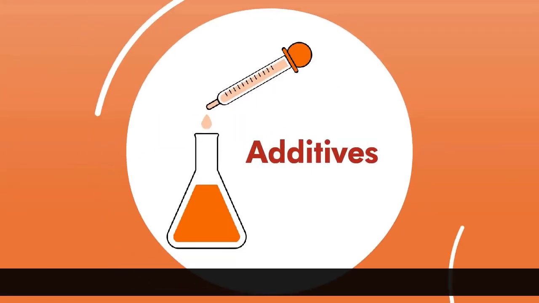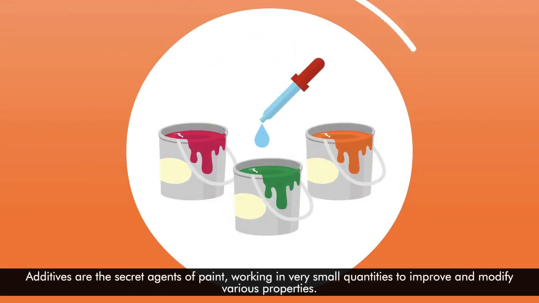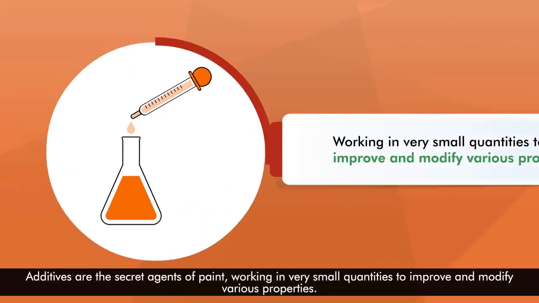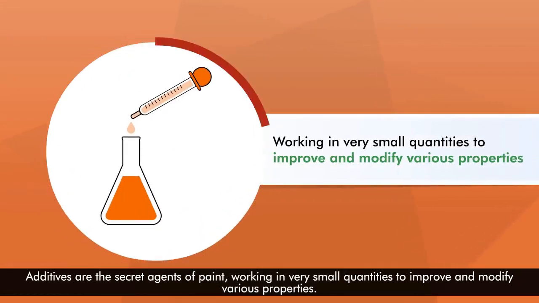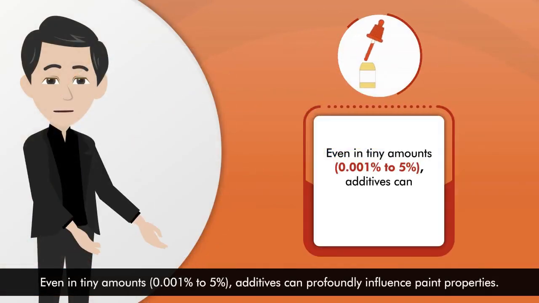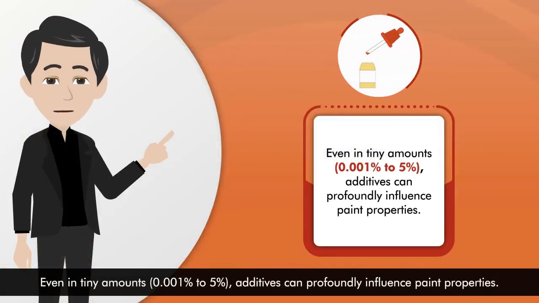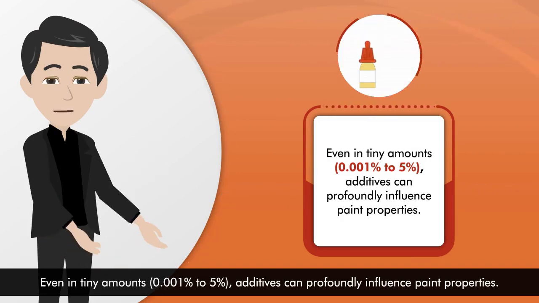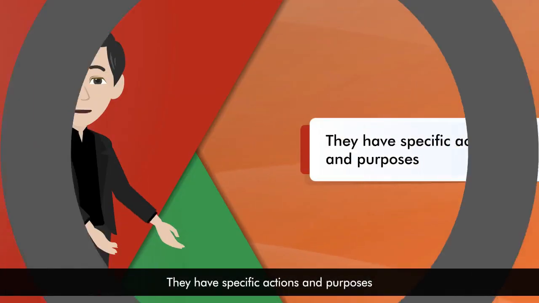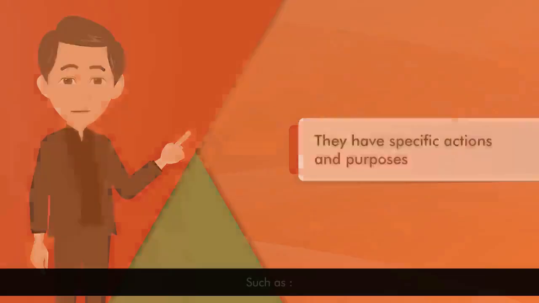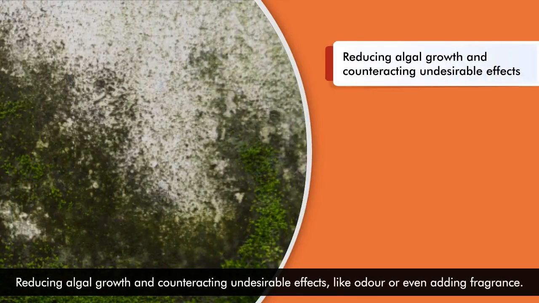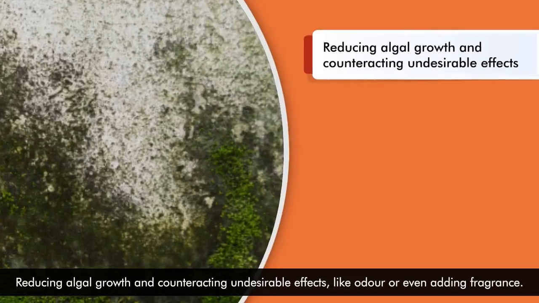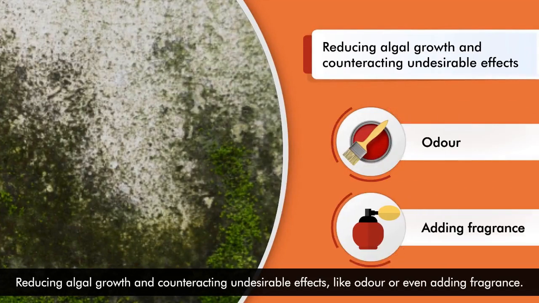Additives. Additives are the secret agents of paint, working in very small quantities to improve and modify various properties. Even in tiny amounts, 0.001% to 5%, additives can profoundly influence paint properties. They have specific actions and purposes, such as reducing algal growth and counteracting undesirable effects like odor or even adding fragrance.